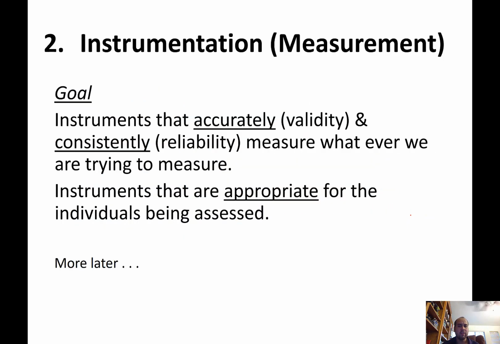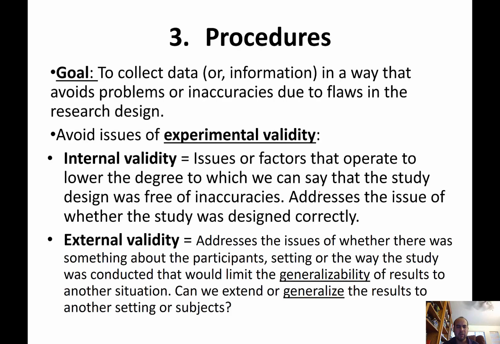So the goal of the instruments is to accurately and consistently measure what it is that you're trying to measure, and that you have instruments that are appropriate for the individuals that you're assessing. And we'll talk a little bit more about this later.